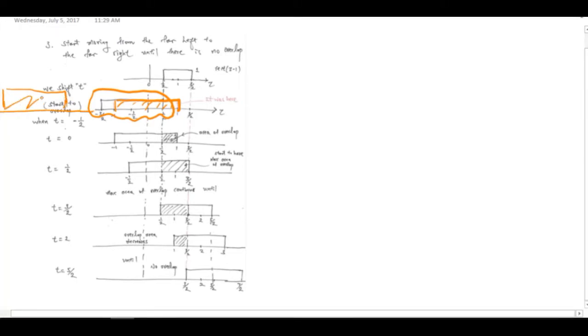This is what far left is about. Once we shift it to far left here, there's no overlapping between this waveform and this waveform, so it doesn't matter. So we start to shift from far left all the way to here.